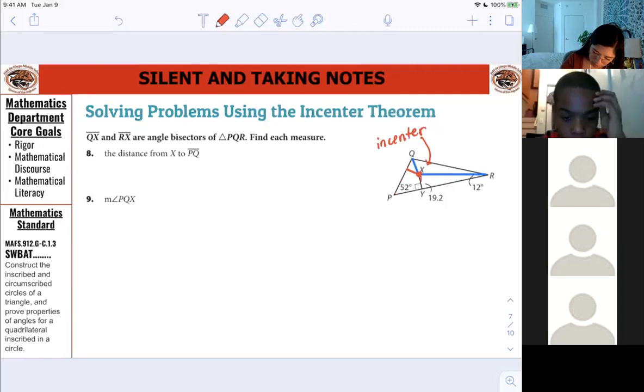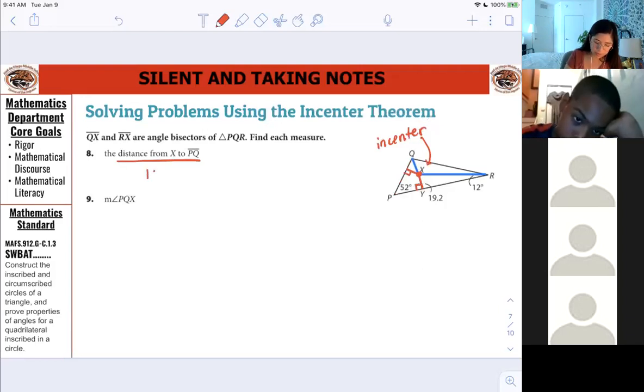XY is also making a right angle. So since both of these make those right angles, what do I know about them? They're congruent. So the distance from X to PQ is also going to be equidistant, yeah, it's going to be 19.2 units.